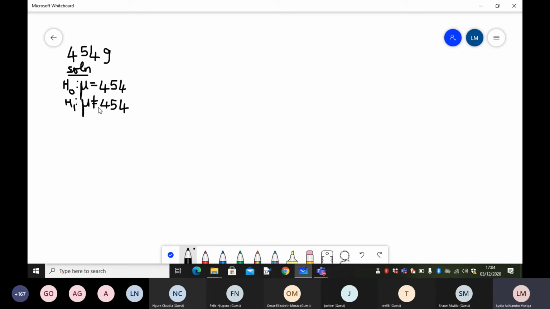So what I'm trying to say is that we have to do some calculations, and then we end up rejecting or failing to reject the null. And for us to make that decision, our calculations must fall in some region.